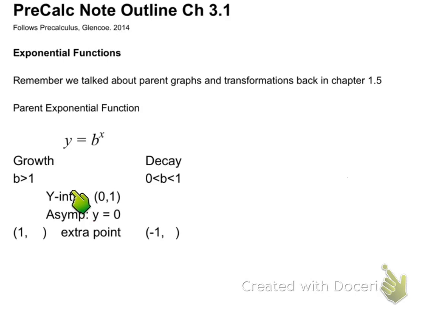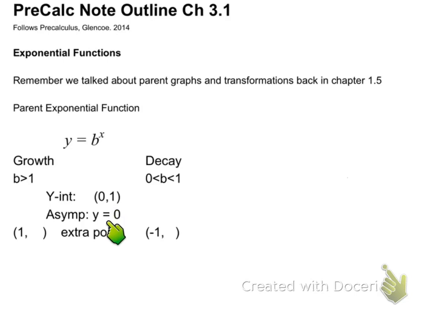They all have a y-intercept. And if you think about it, y-intercepts all have a 0 in the x, right? So if I put 0 in for x there, anything to the 0 power is 1. Hence, I have a y-intercept at (0, 1).